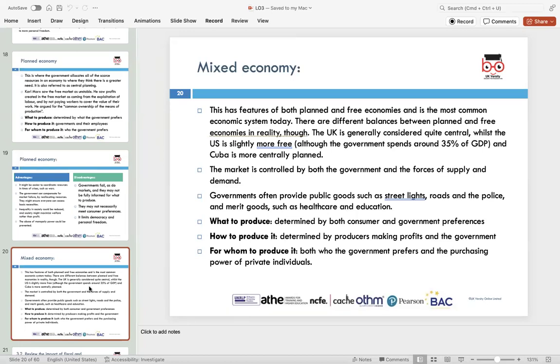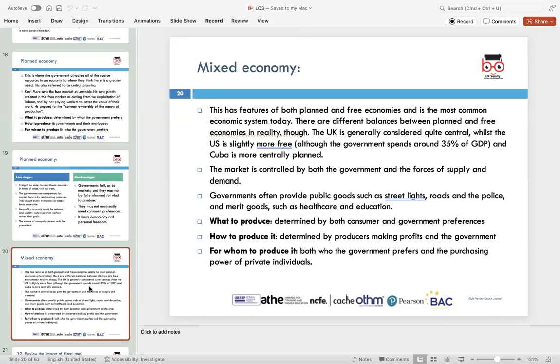The United Kingdom is regarded to be highly central, whereas the United States is slightly more free, despite the fact that the government spends around 35% of GDP, and Cuba is more centrally planned.